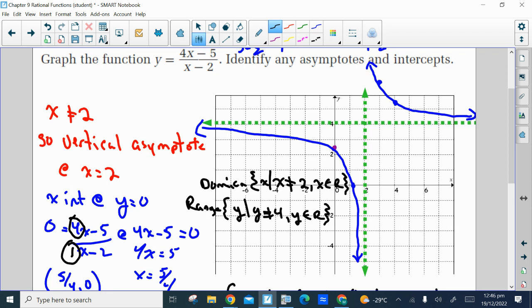So there's our domain and range. They come directly from the asymptotes. The asymptotes provide us with the only restrictions on these graphs. Okay?